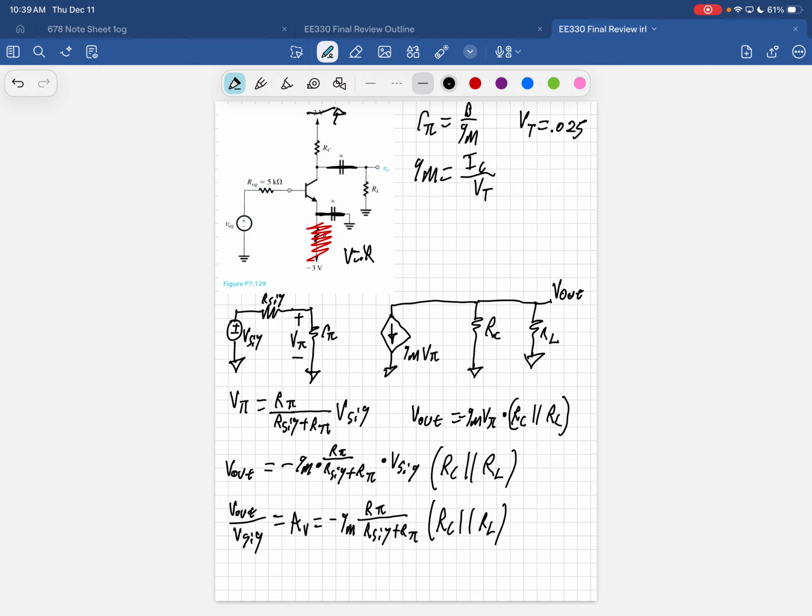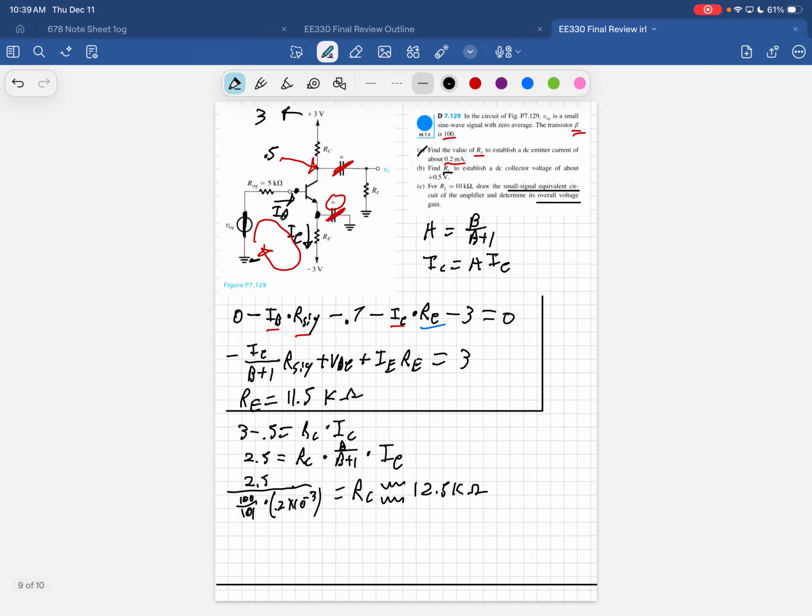I don't think I've ever seen an equation or a problem at this school where they use VT as something other than 0.025. Volts? Is that just volts? Yeah, volts. So just have that down somewhere. It makes finding GM really easy once you have IC. If I'm not mistaken, earlier in the problem, we found IC. Kind of. We used it.